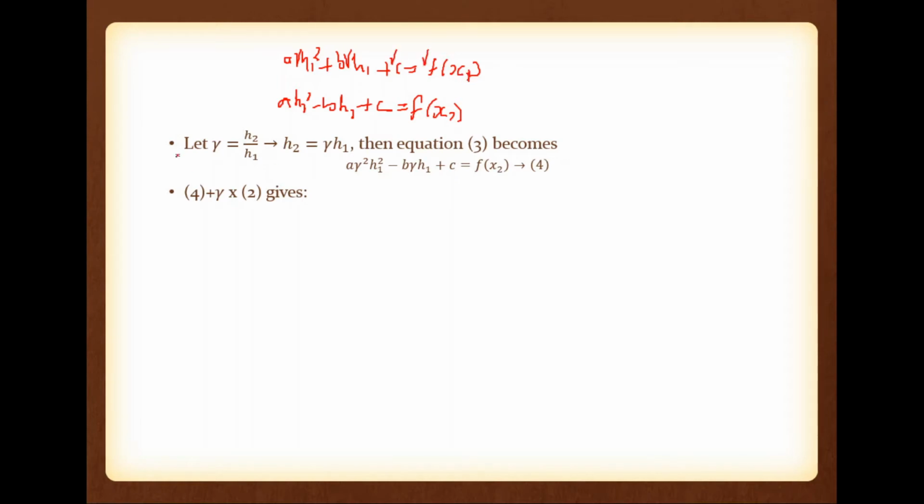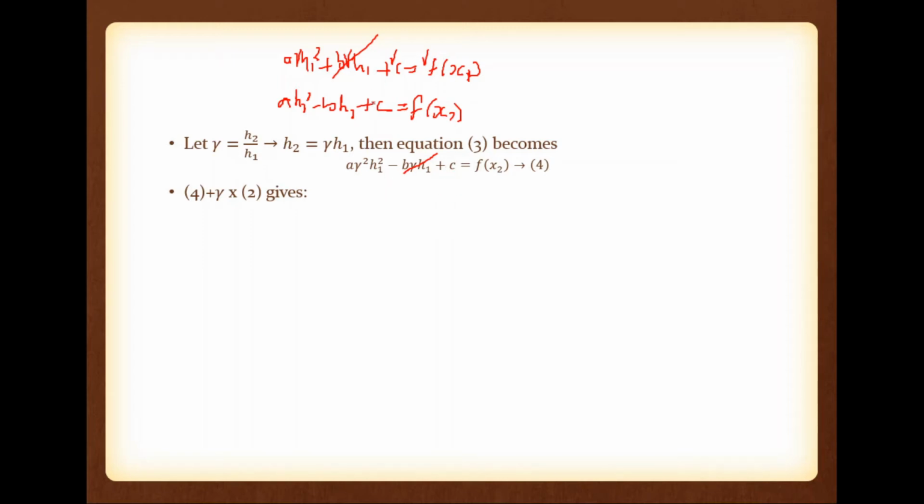Now what is its sum? If you are adding these two, you can see that this term and this term are removed, so that means b is removed. So what is remaining? A is common. One gamma is common. Here we have one gamma, here we have two gamma, so one gamma is common. H1 square is common. So what we can write? A into gamma into 1 plus gamma into h1 square. Now what about this one?